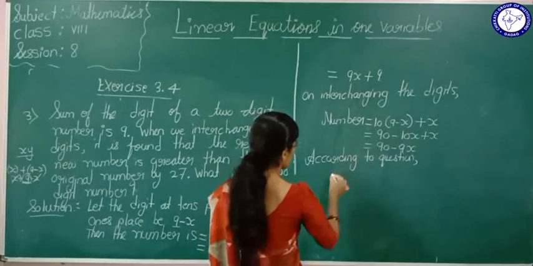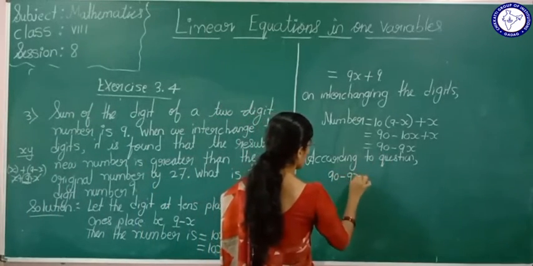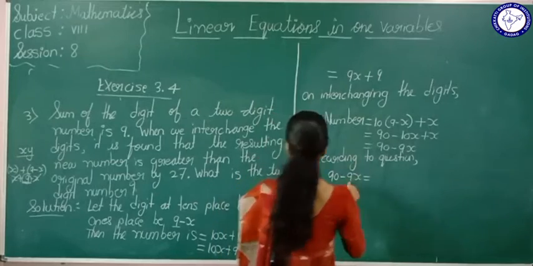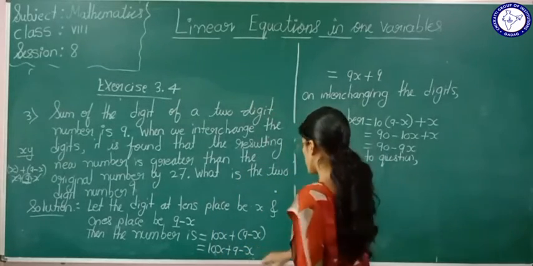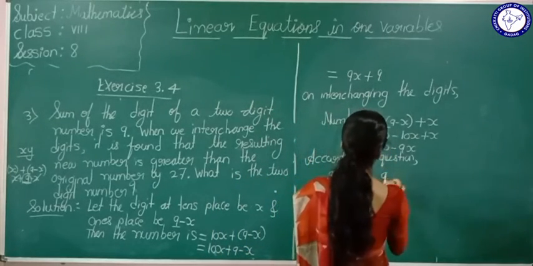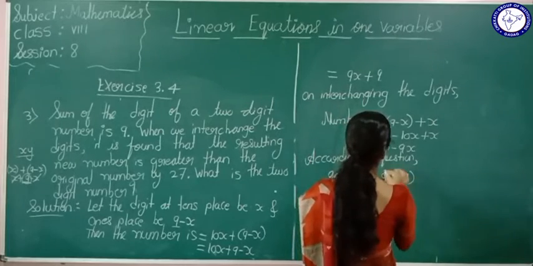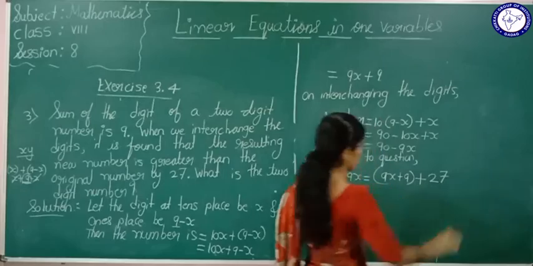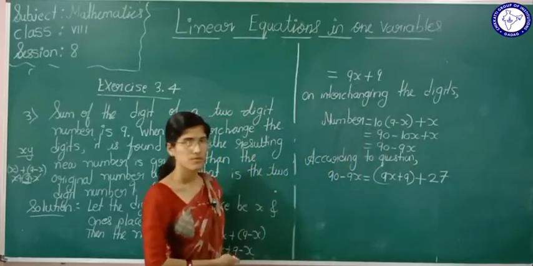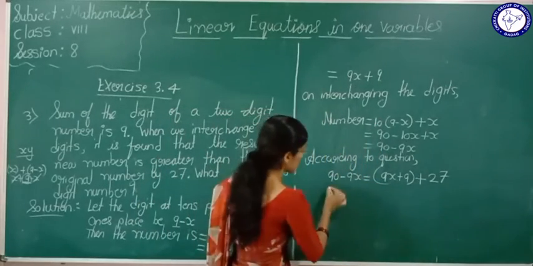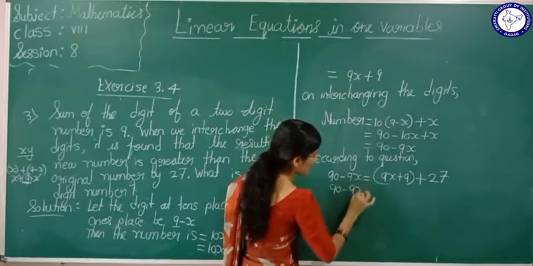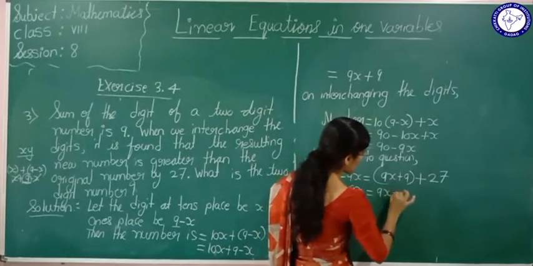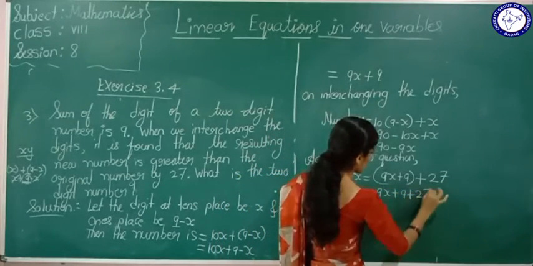This new number is greater than the original number, and the original number is 9x plus 9, by 27. So 90 minus 9x is equal to 9x plus 9 plus 27.